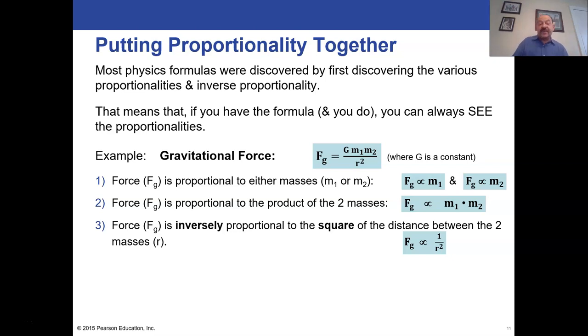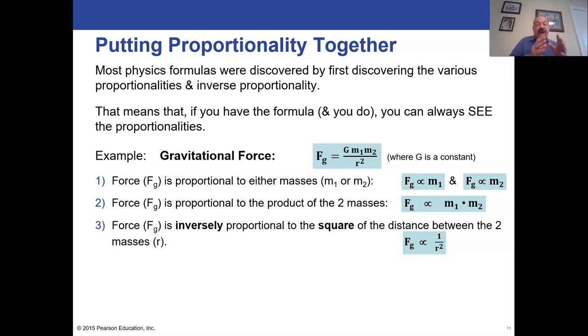If I tripled the distance, we would see a ninefold change in the force, but in opposite directions. So if I increase the distance threefold, the force would go down ninefold. If I increase the distance fivefold, the force would go down 25-fold.